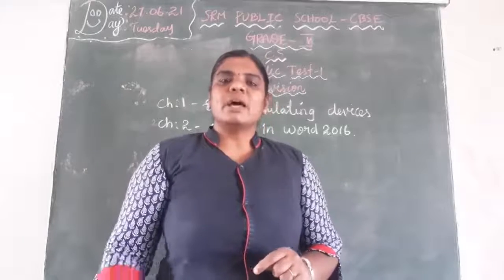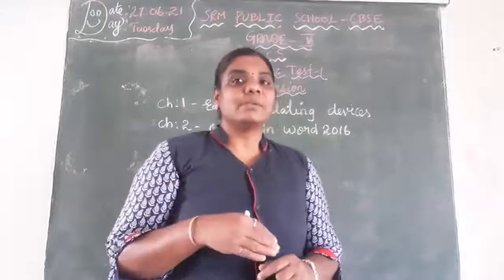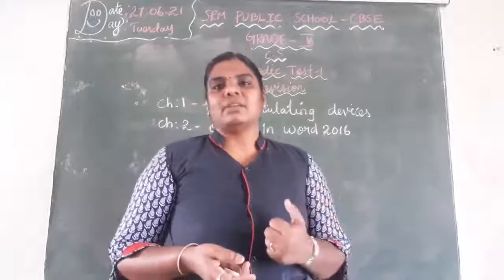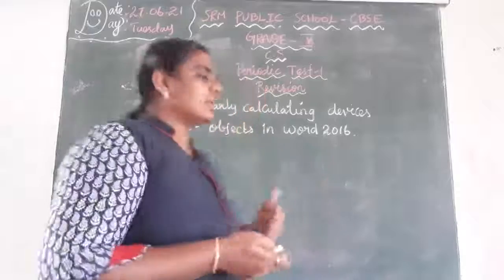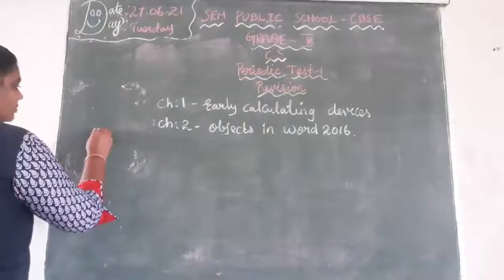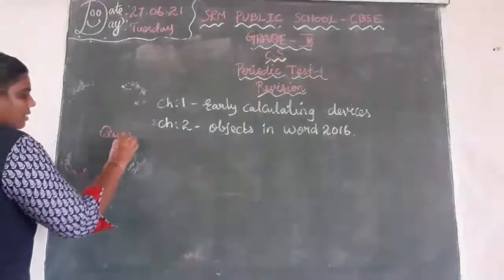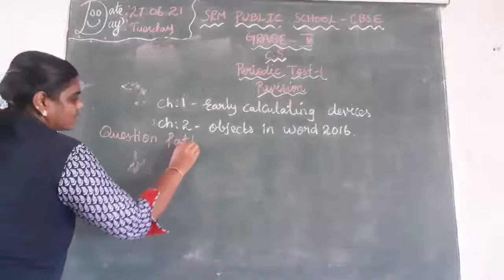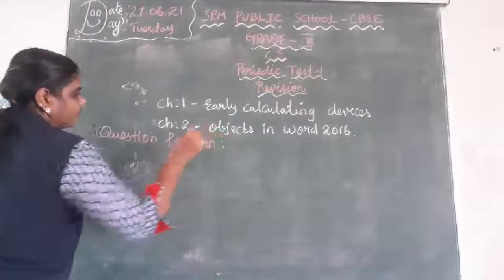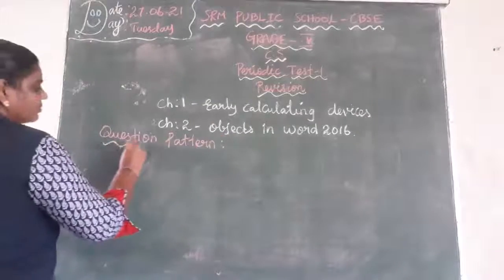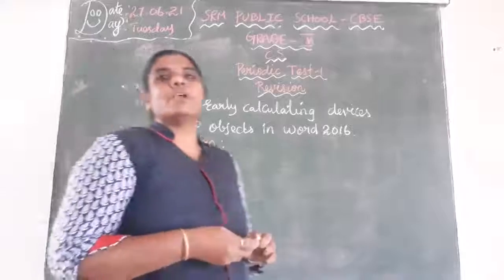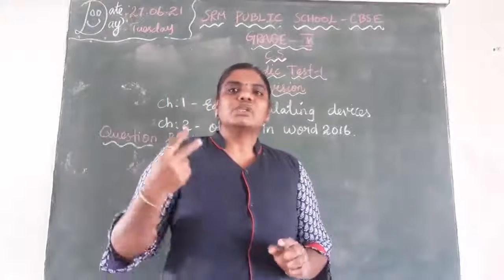Okay dears, before we revise the chapter, first we have to see the question pattern. So for periodic test 1, you are going to write the exam for 20 marks.